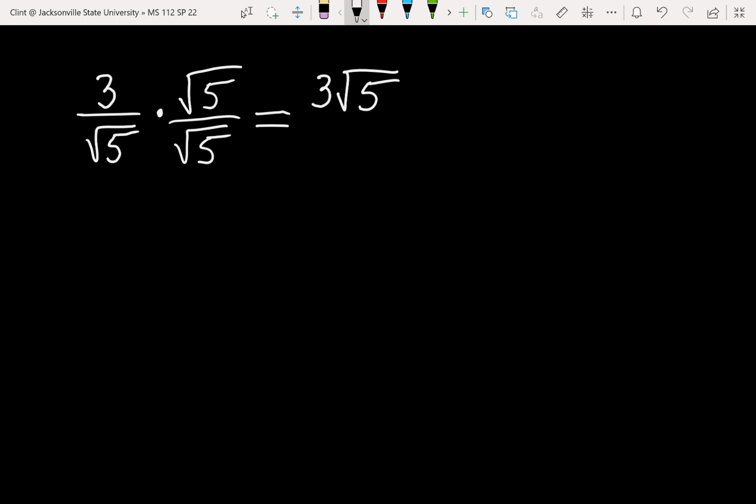The only way you can really do the arithmetic with radicals is if you have a radical on both of them. On the bottom, maybe this is kind of the third way to think about what happens. That's the square root of 5 times 5. 5 times 5 is 25. And 25 is a perfect square. Square root of 25 is 5.